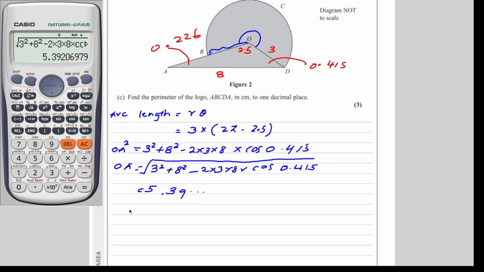Right. Now we have this one. So let's get the perimeter now.